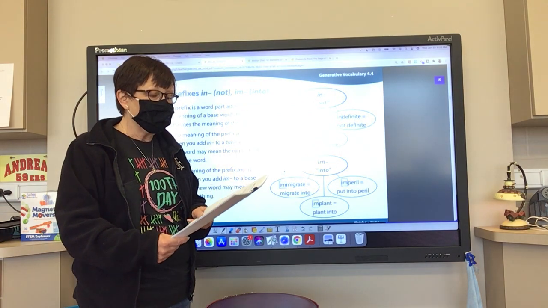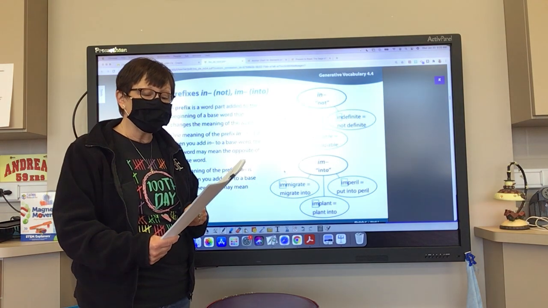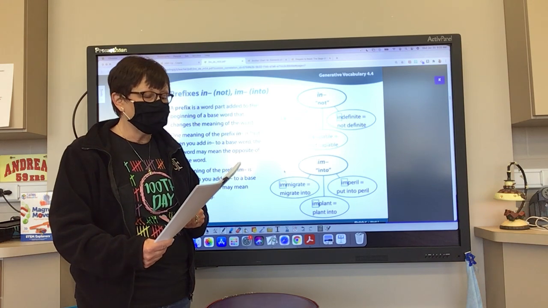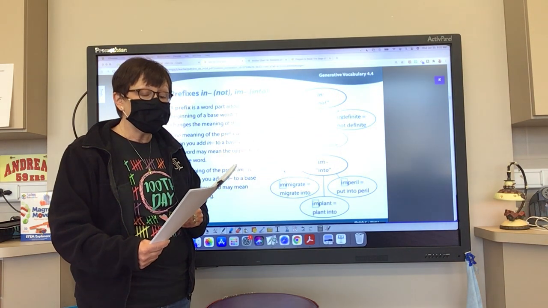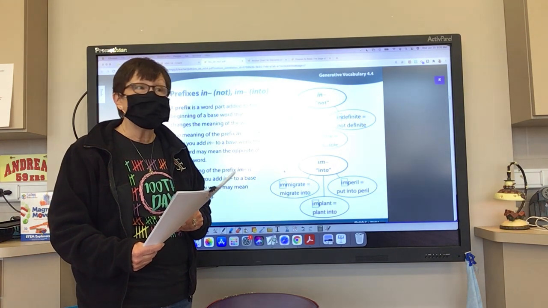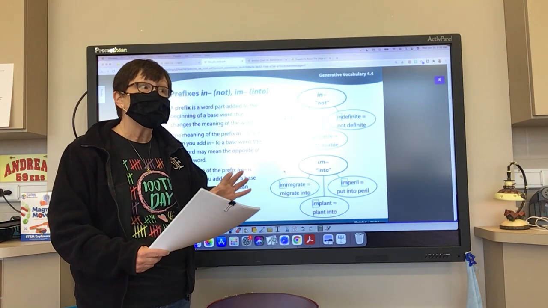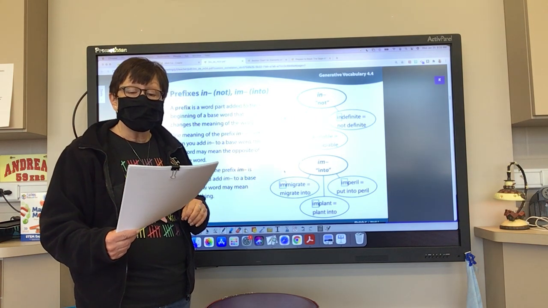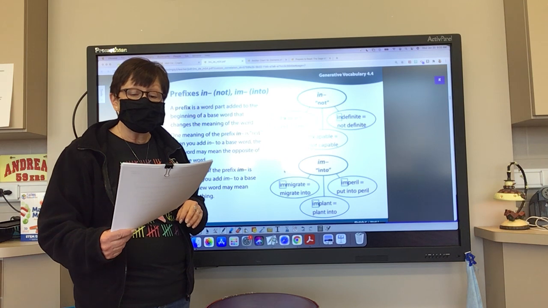So we have a paper here, and we're going to work with it. It says a prefix is a word part added to the beginning of a base word that changes the meaning of the word. Add the prefix in, which means not, or im, which means into, to the base words from the word bank to complete each sentence.